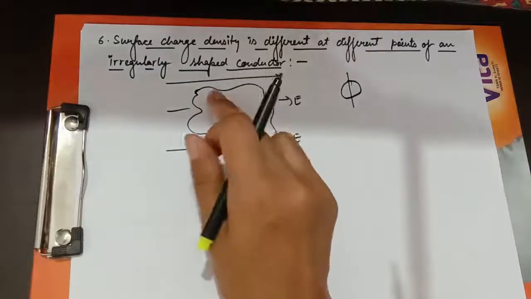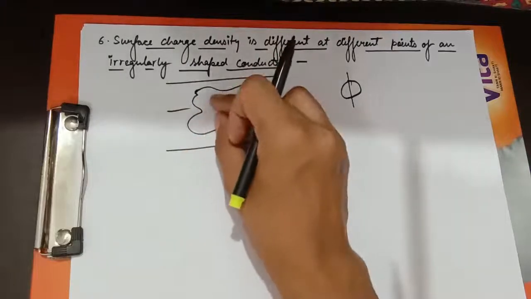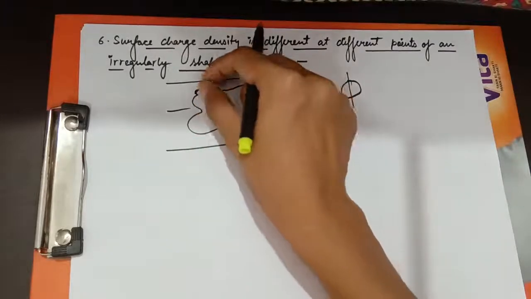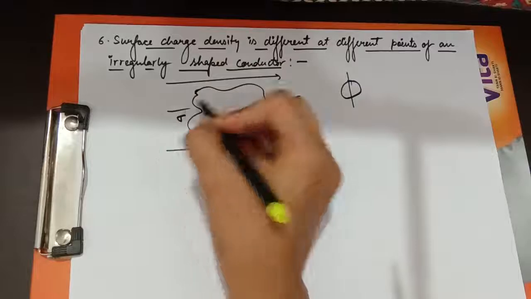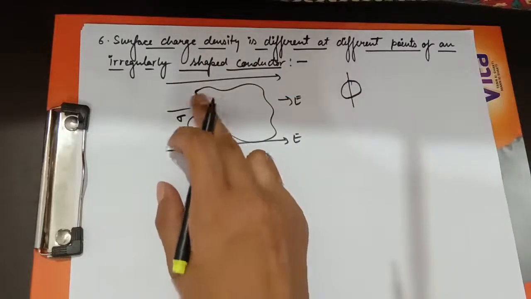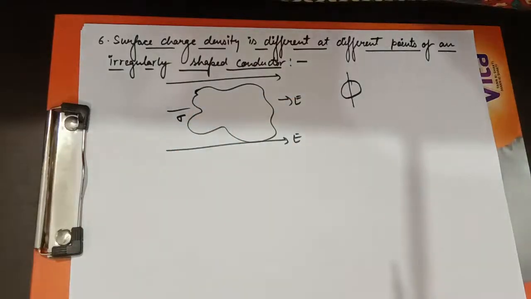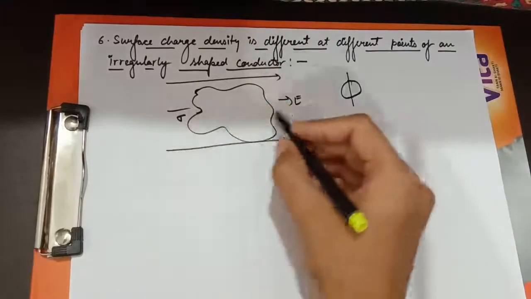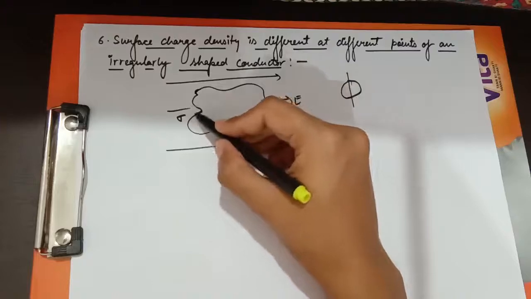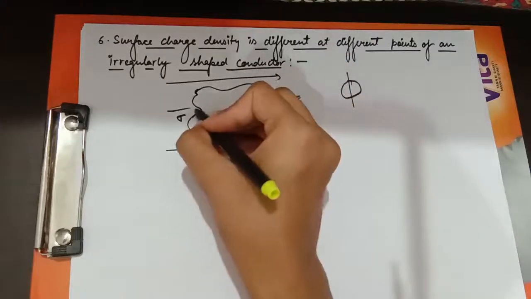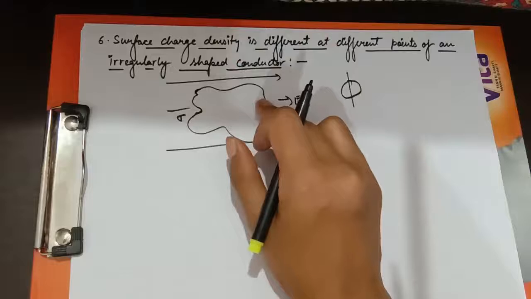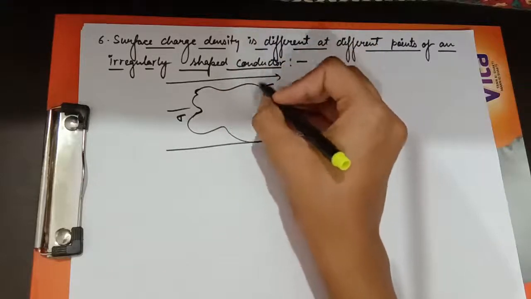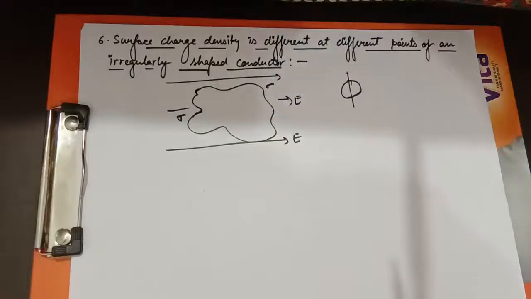So at the points where radius of curvature is very small, or we can say where area is very small, sigma will be higher at these points. So sigma will be higher at sharply curved points, and vice versa is also true. Sigma will be lower at the points which are less curved.